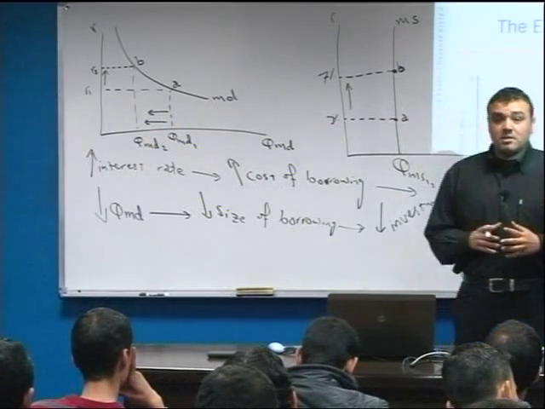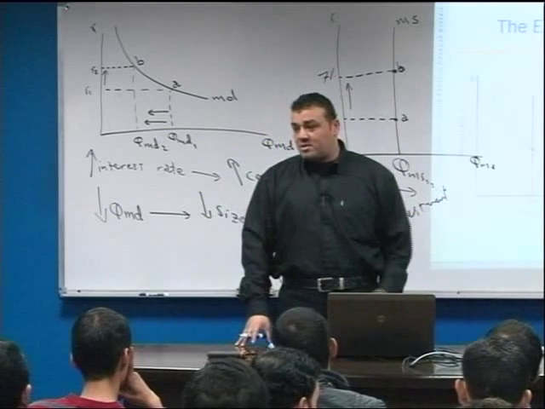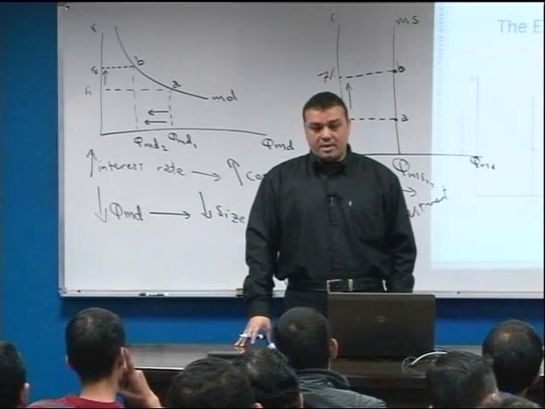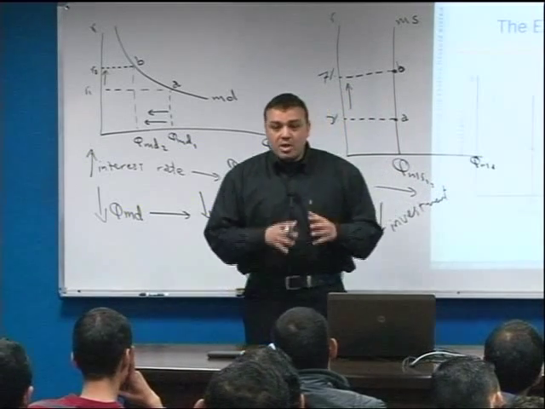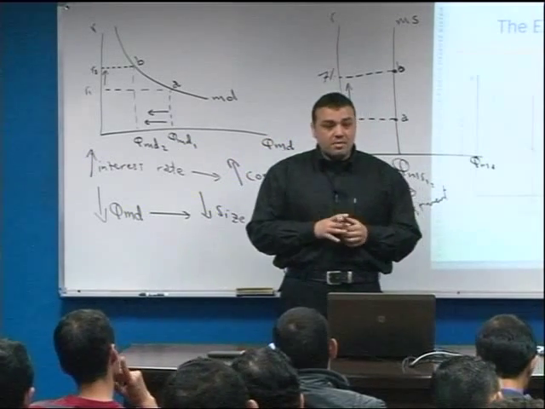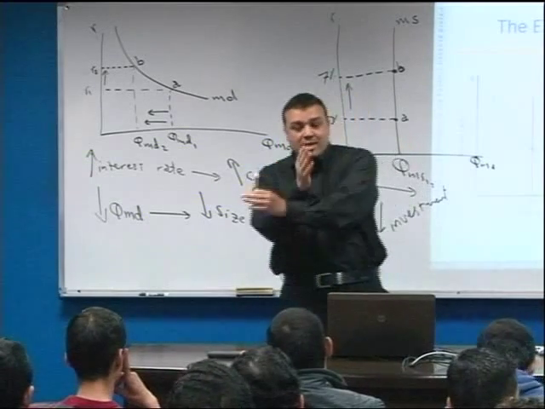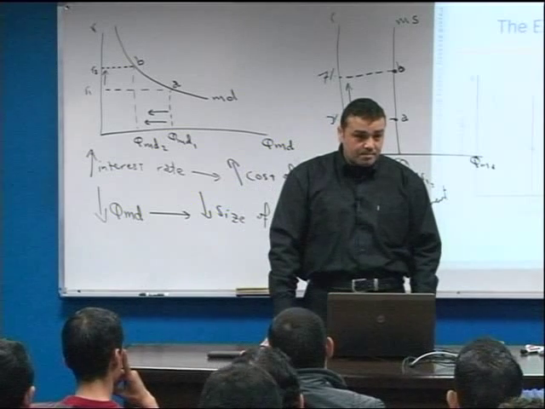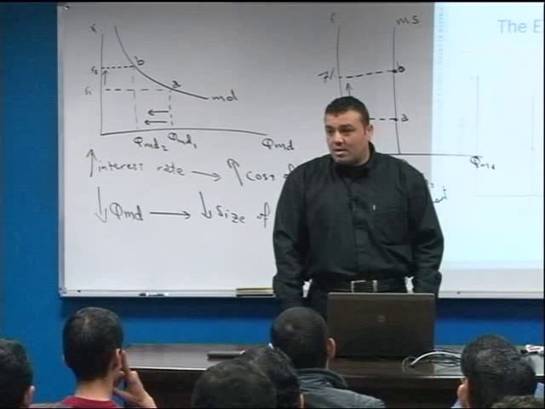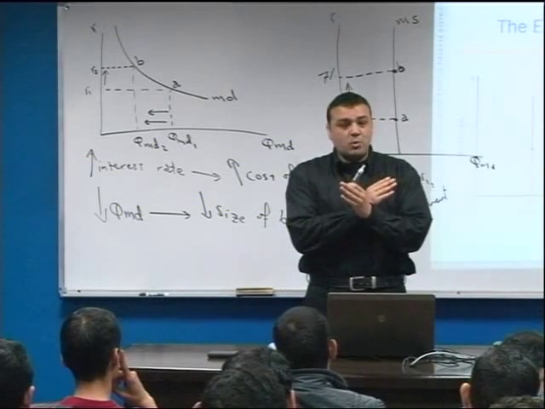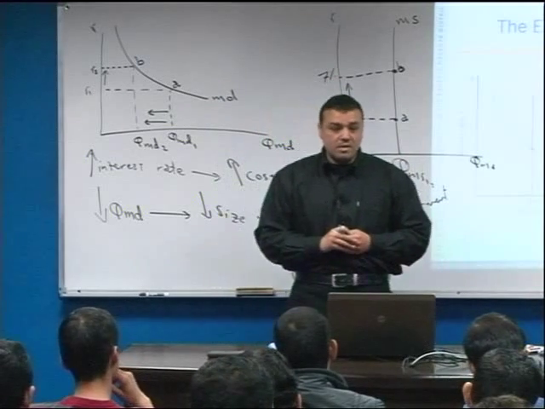The money market is quite similar to other markets, the goods and services market and the labor market. If you remember, in the goods market, the equilibrium occurs when there is an intersection between the aggregate demand and aggregate supply for goods and services. In the labor market, the equilibrium occurs when there is an intersection between the labor demand curve and the labor supply curve, right?